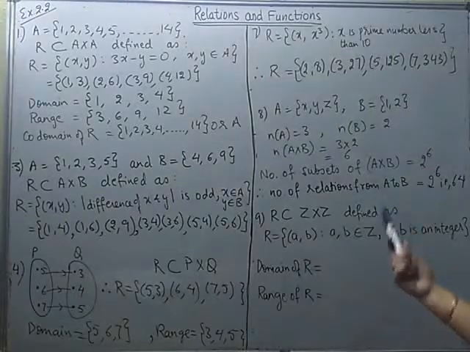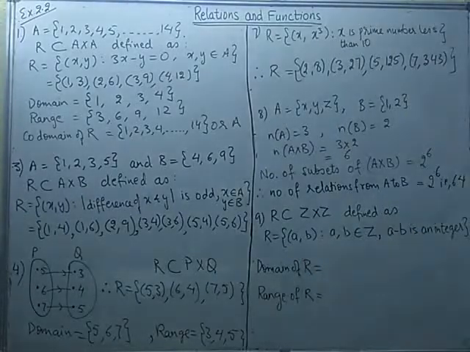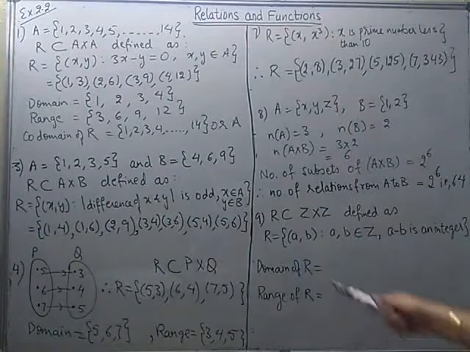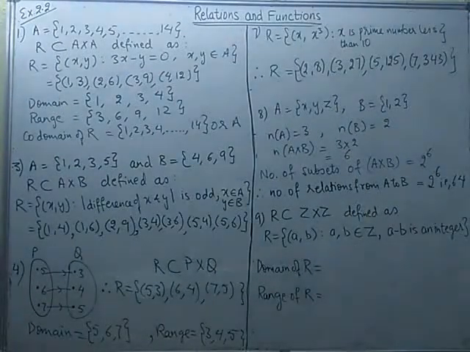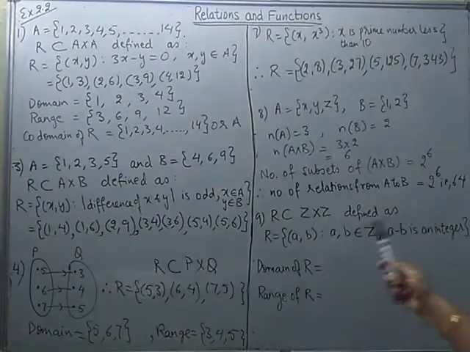So if we write R in roster form, then every time a is to be replaced by an integer, simultaneously b will also be replaced by an integer, because we know the difference will definitely come out to be an integer. So think of all those pairs.